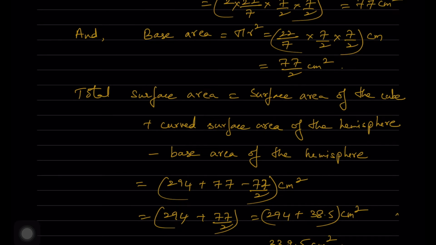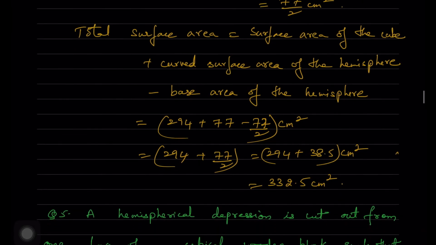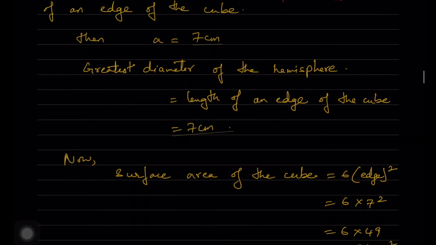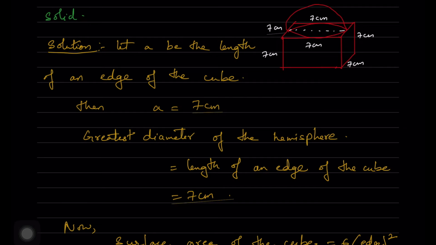So the total surface area of this figure, this toy, is the surface area of the cube plus the curved surface area of the hemisphere minus the base area of the hemisphere. The cube has its top face, and the hemisphere is mounted on it, so we remove that part because two parts are coming, the top part of the cube and the base of the hemisphere.